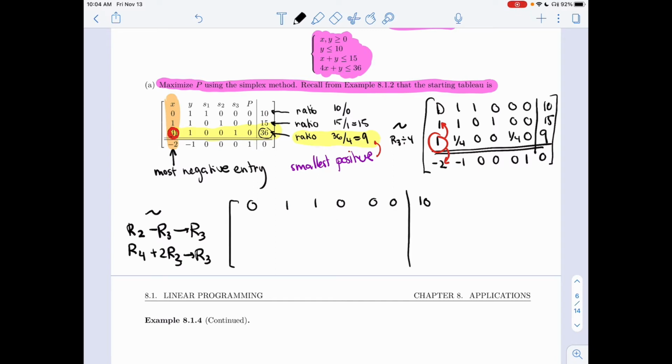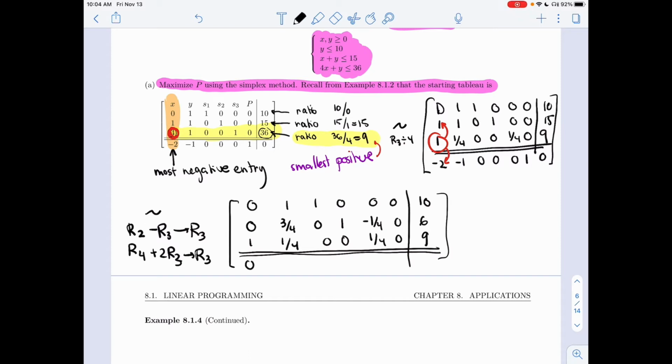All right, so I'm going to subtract row 3, so that's going to give me 0, 3/4, 0, 1, -1/4, 0, 6. This one I don't touch. And then the bottom one, 0, -1 plus 1/2. That's going to give me -1/2. 0, 0 plus 2 times 1/4, 1/2. 1 plus 2 times 9, 18.